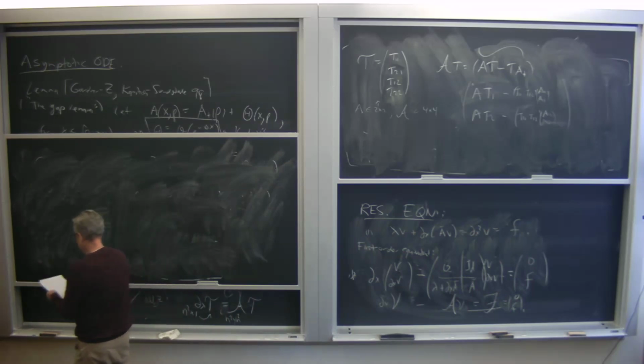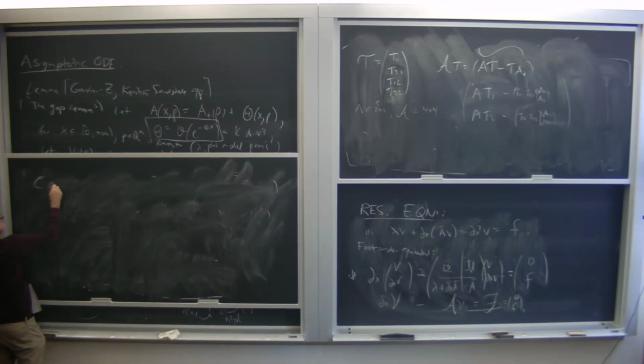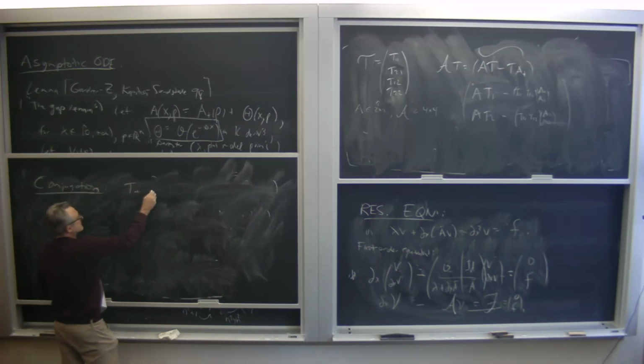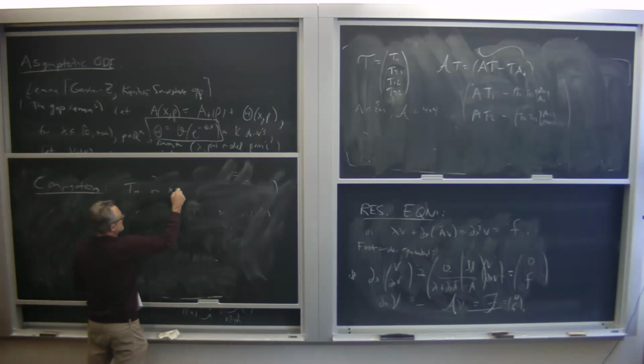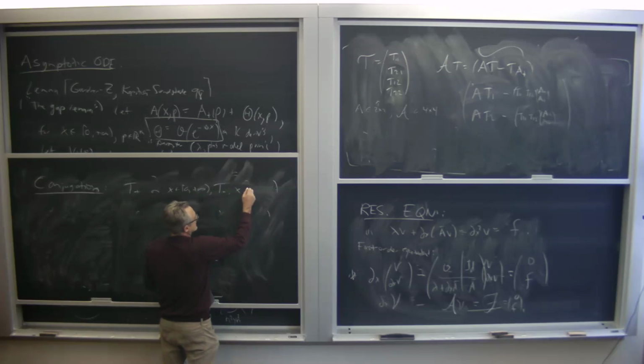Now we're going to apply the conjugation lemma. So this is going to give us T plus for x in 0 to infinity, T minus for x in minus infinity to 0.